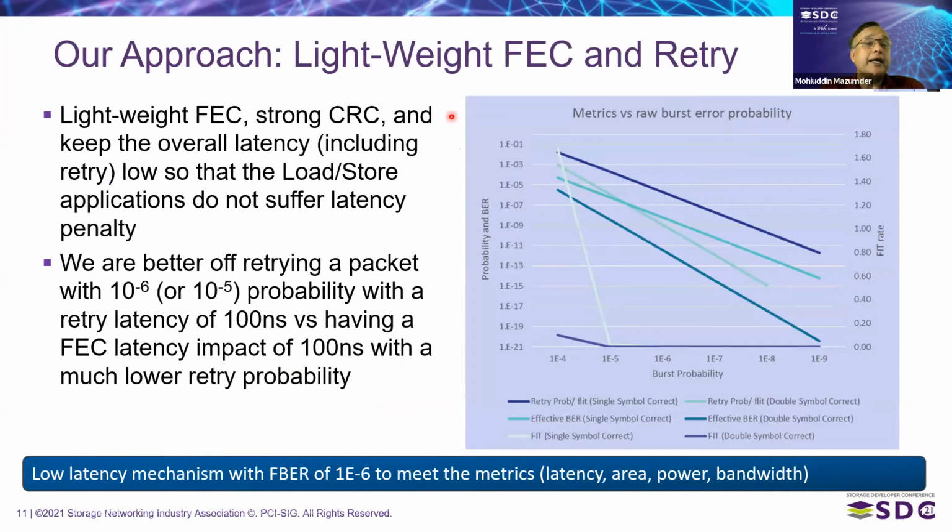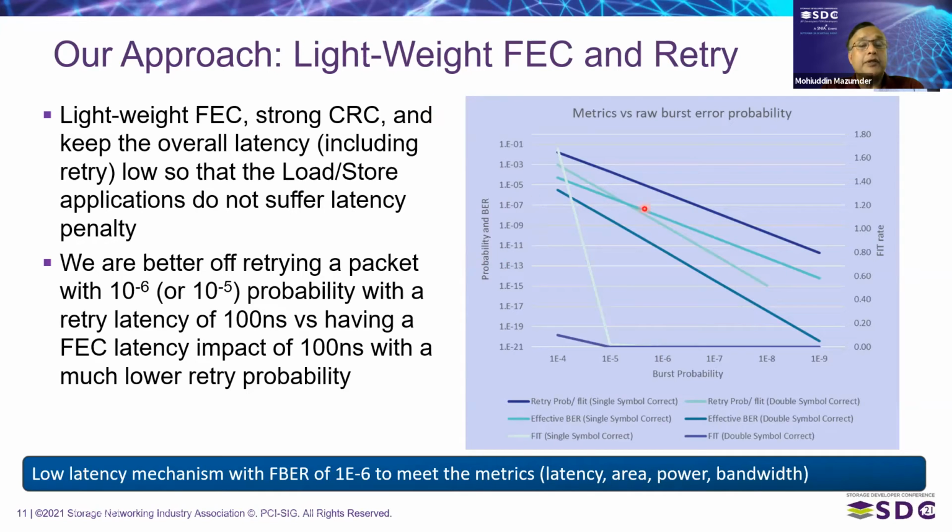So it summarizes in this slide: go for a lightweight FEC, use a low latency retry mechanism, and achieve a lower probability of retry so that the overall latency remains low.